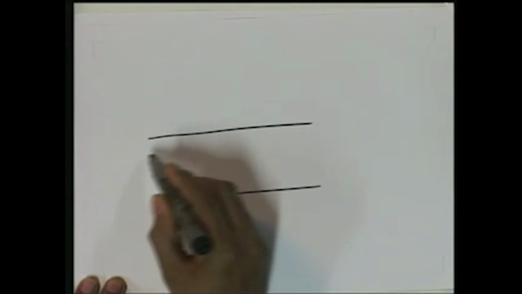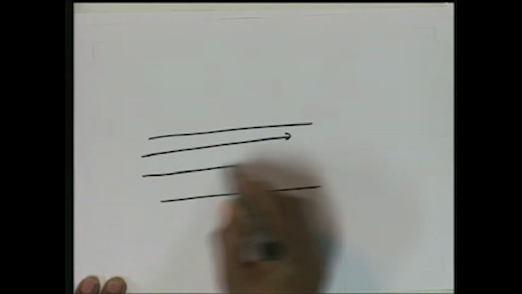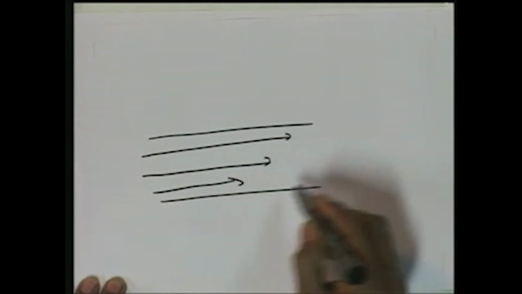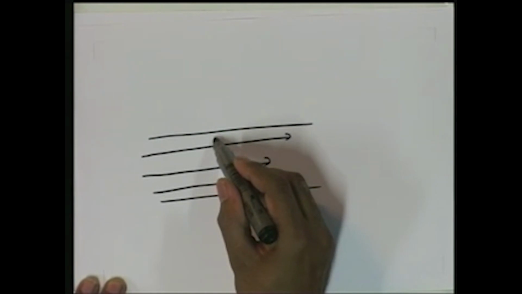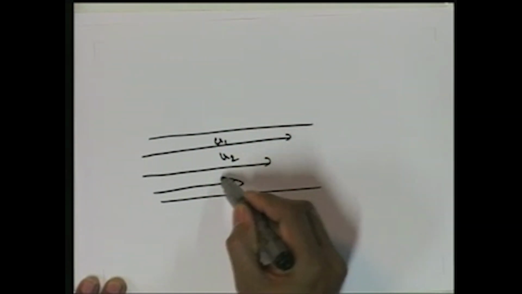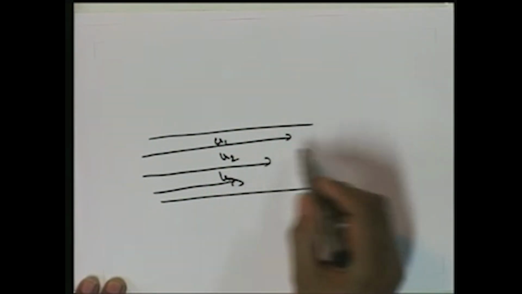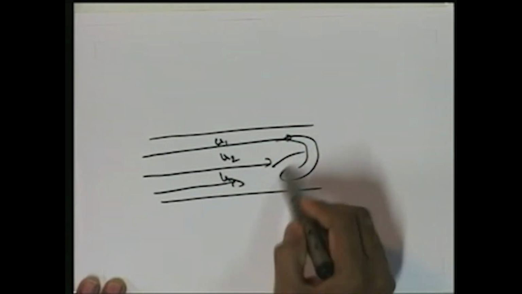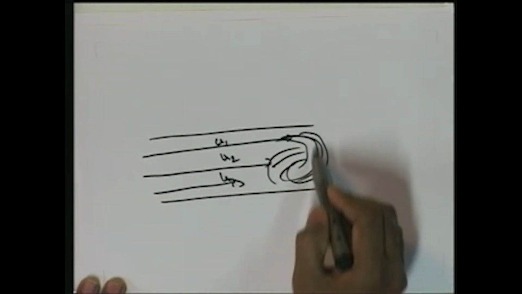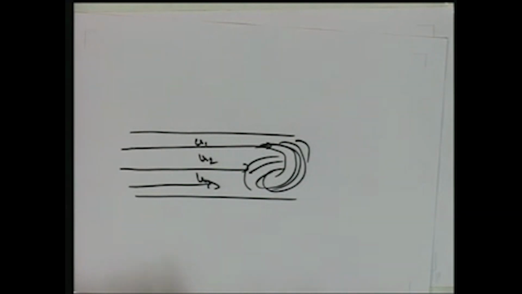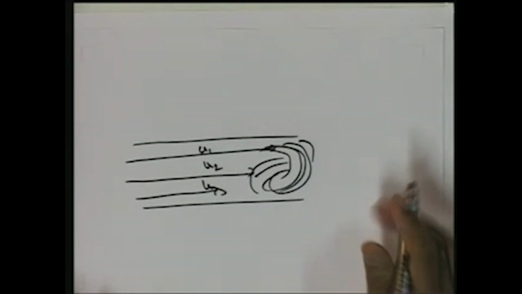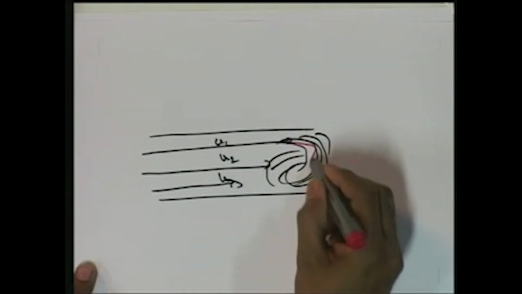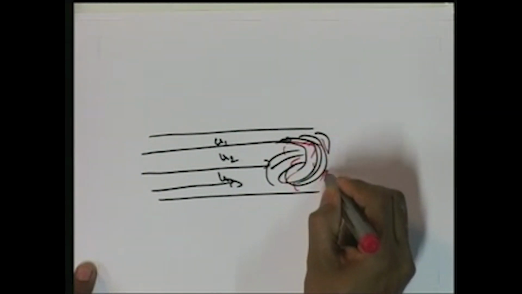If, due to various reasons, the velocities here are u1, u2, u3, and there is a considerable change in velocity, you can see that after some time mixing starts, and then turbulence starts, as the flow changes from laminar to turbulent due to this mixing.